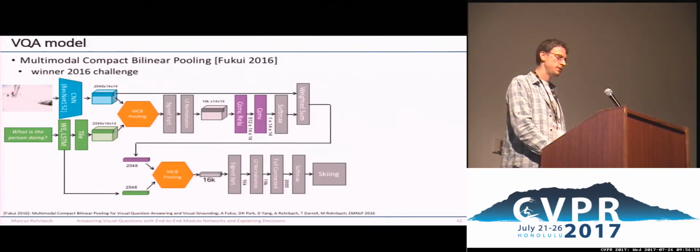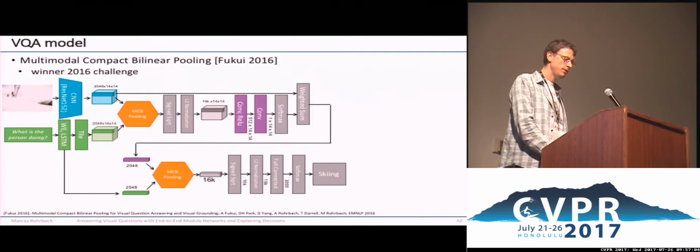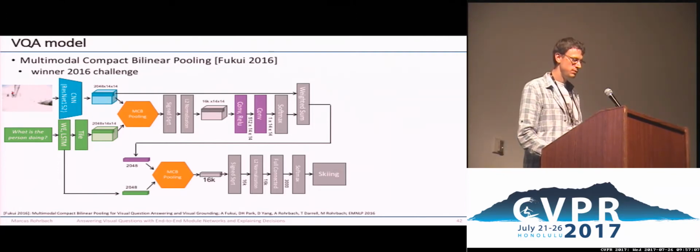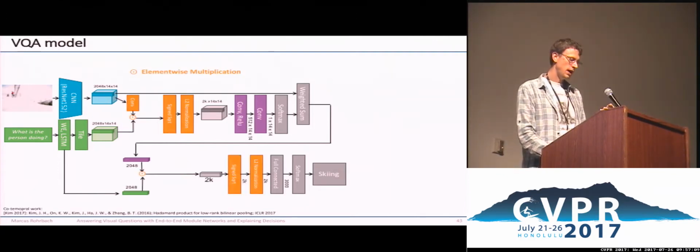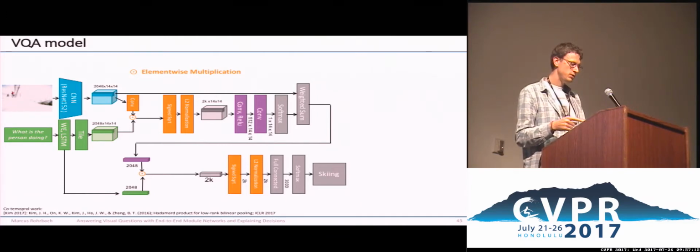So we start off with our last year's model from the VQA challenge, but we slightly modify it and replace the MCB pooling with element-wise multiplication, and importantly, use the convolution over the input of the question, not of the image, and sine squared and L2 normalization.